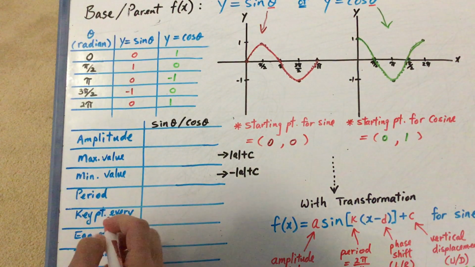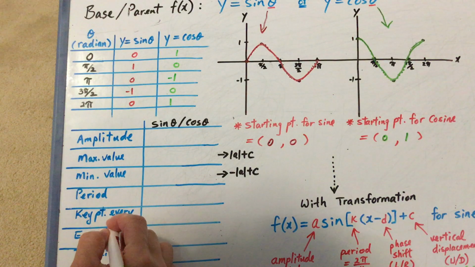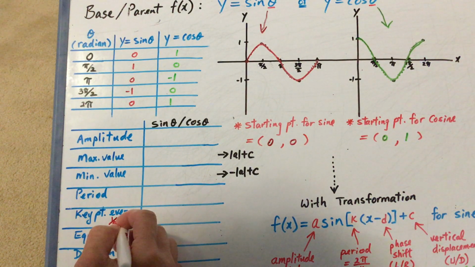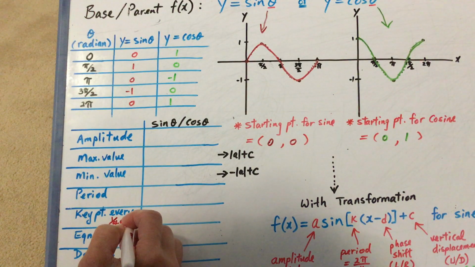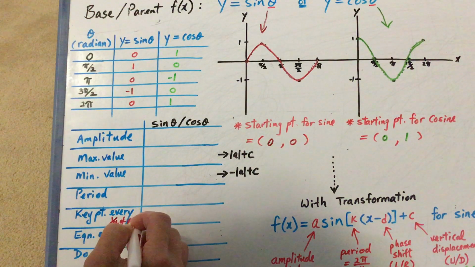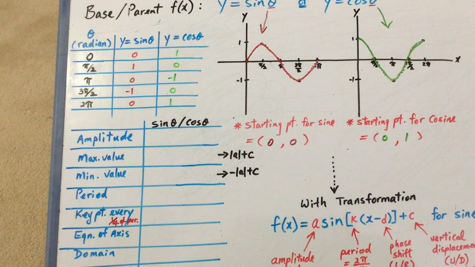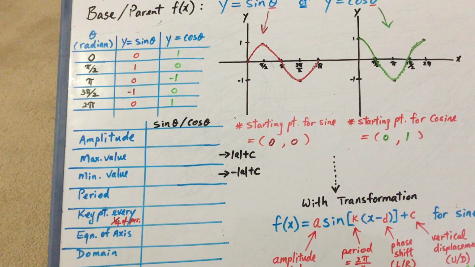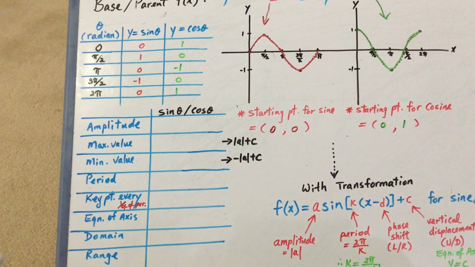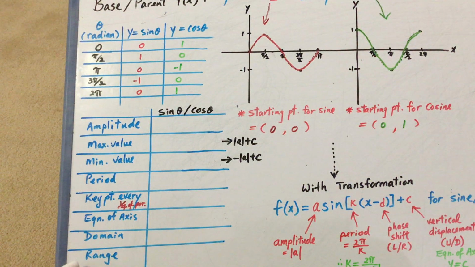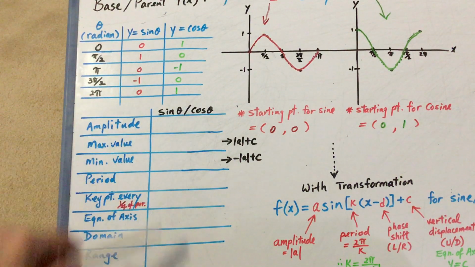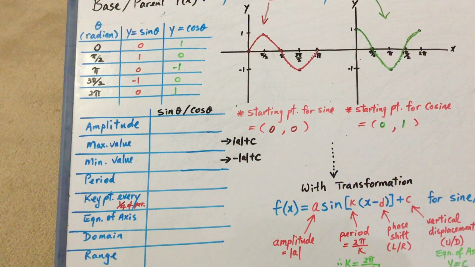Basically, key points happen every quarter of the period. And then the equation of axis, and then we have the domain, and then the range. All of these are very, very important.